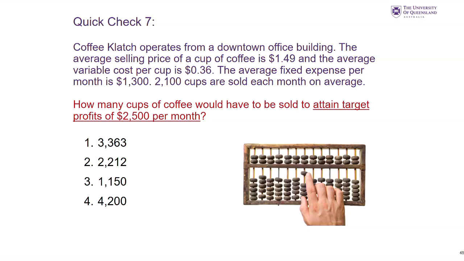Okay, has anyone got an answer? So how did you get to that? You take the 2,500, add it onto the fixed cost, and divide it by your $1.13, which is your unit contribution margin. Fantastic. Or you could do it the long way, using the equation.